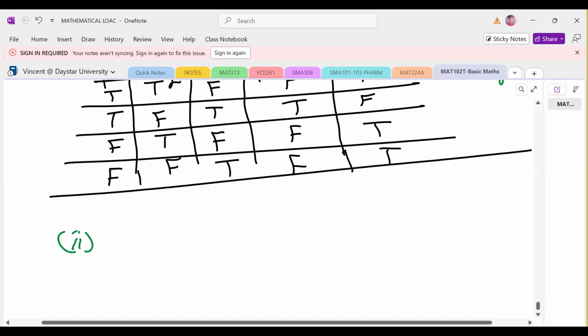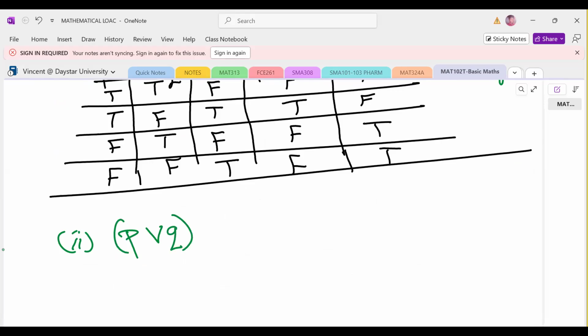Then number 3. So which sign is in number 3? Which logical operation? What is the meaning of this sign? The sign between P and Q is? Disjunction, correct. So these are disjunction. What do you know about when you are drawing a truth table for disjunction? What do you expect to have?